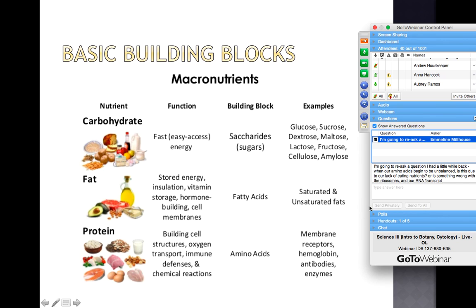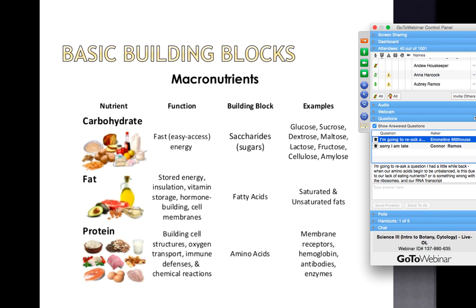Emmeline here asked a question. I'm going to re-ask it. When our amino acids begin to be unbalanced, is it due to our lack of eating nutrients, or is something wrong with the ribosome or our RNA transcript? Okay, this is a very good question.